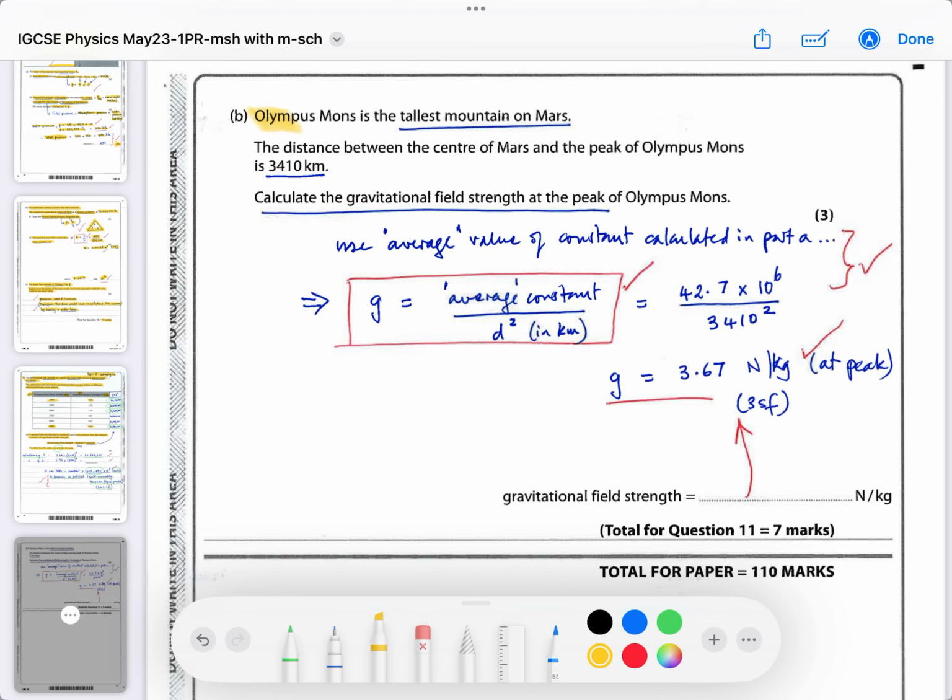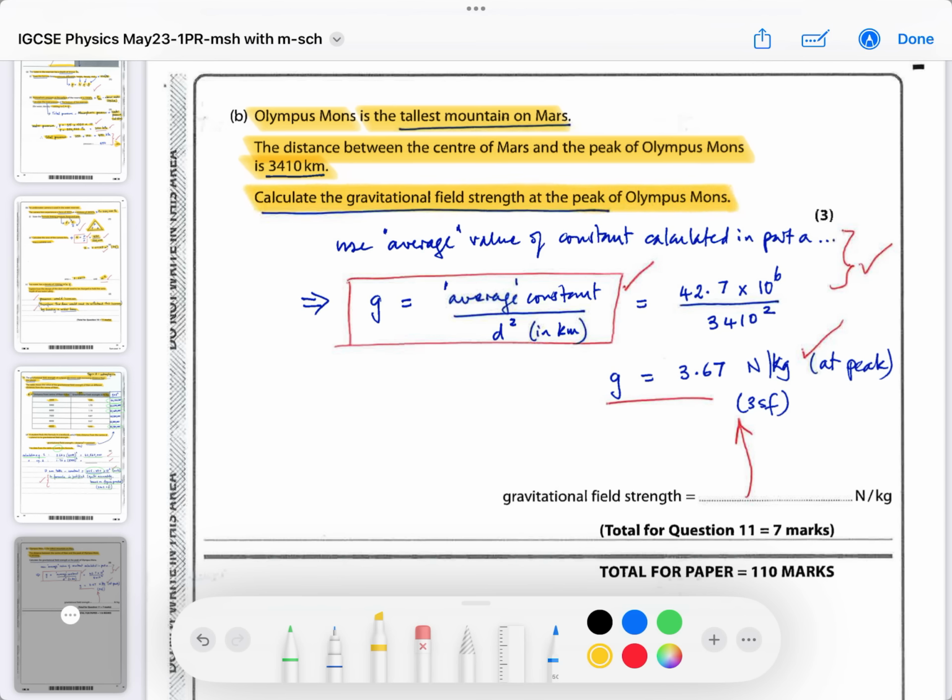So it says in the final part of the exam, Olympus Mons is the tallest mountain on Mars. The distance from the center of Mars to the peak of Olympus Mons is 3,410 kilometers. Calculate the gravitational field strength at the peak.